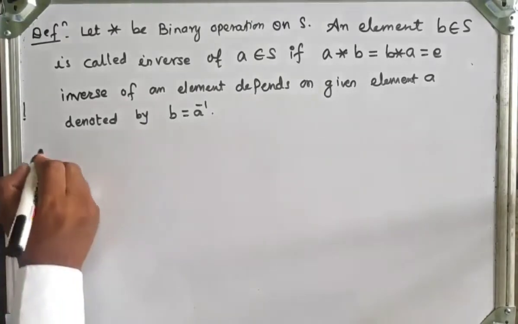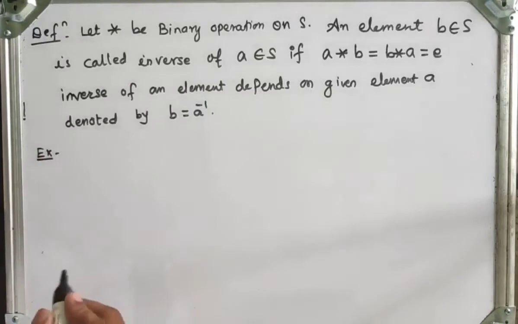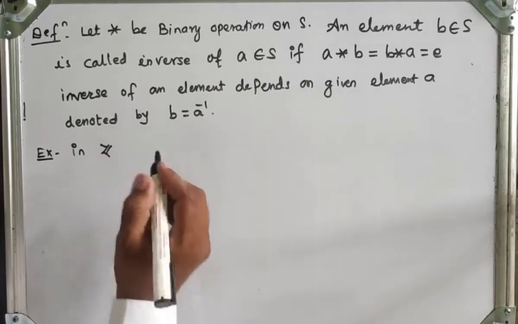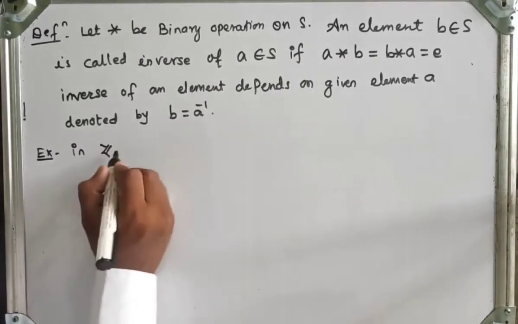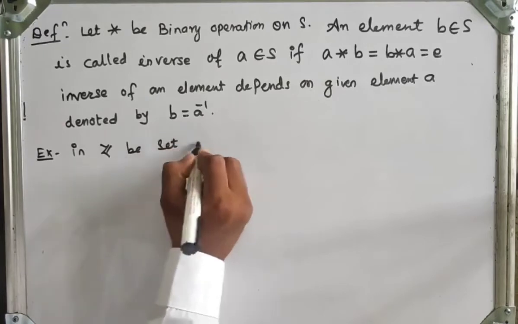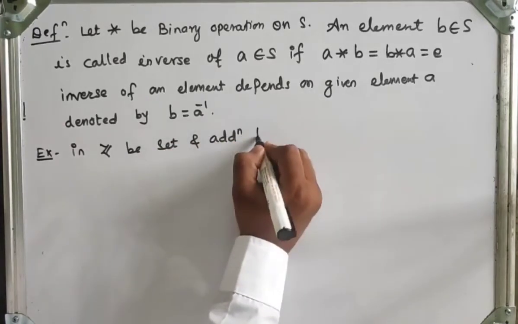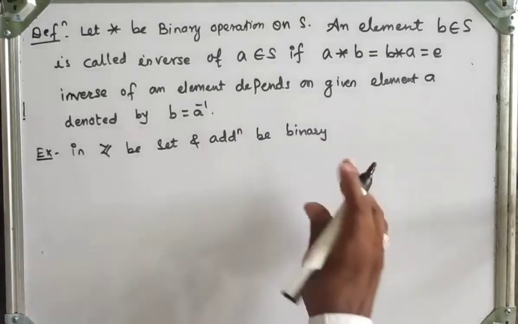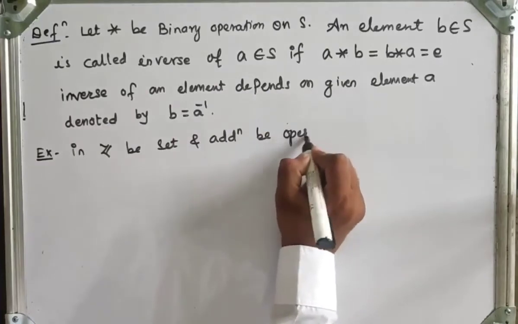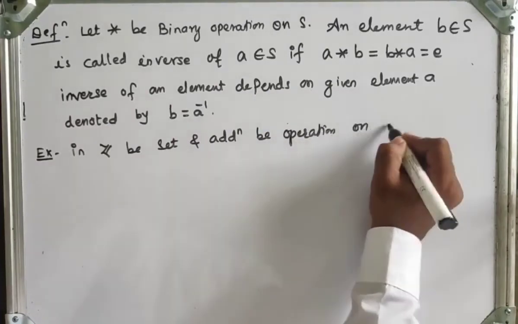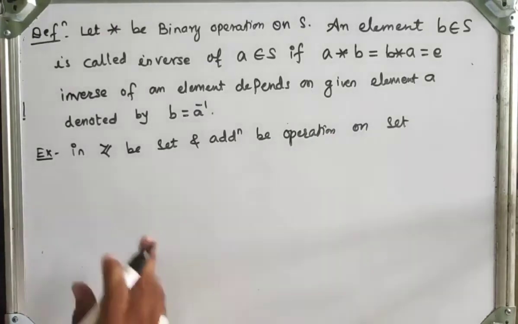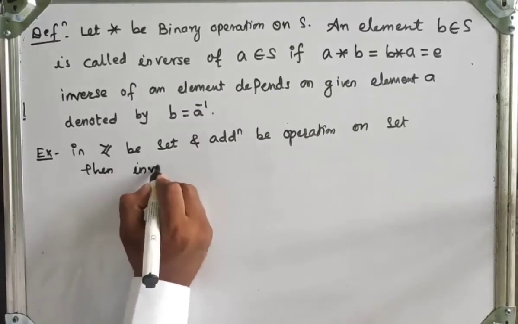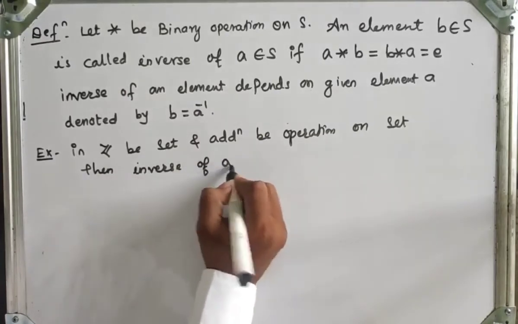Now for example, in the set of integers Z, let Z be the set and addition be the binary operation on the set. Then what is the inverse of A?